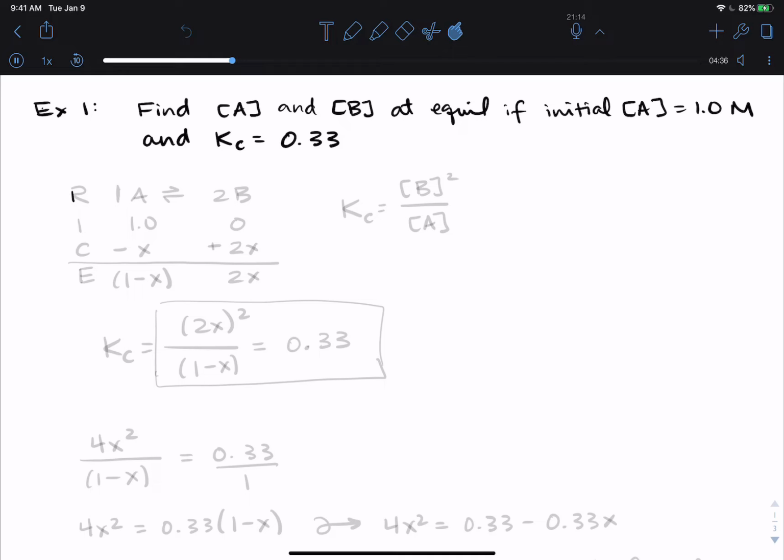And we need a balanced reaction in order to do this. So I'm going to get my RICE table set up. And the generic reaction that we're going to use here is A in equilibrium with 2B.